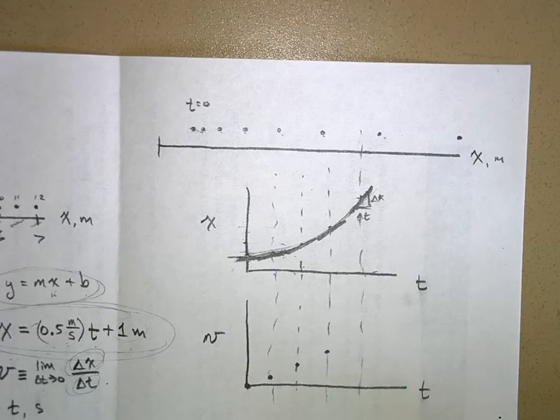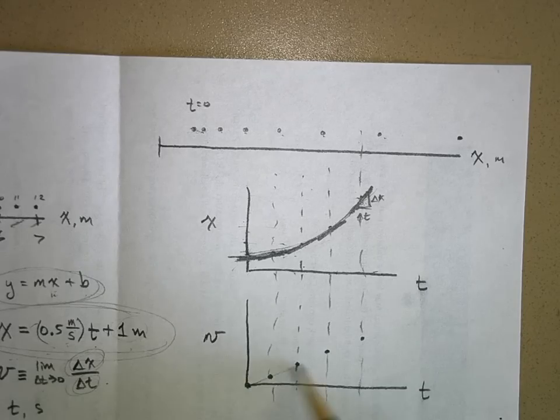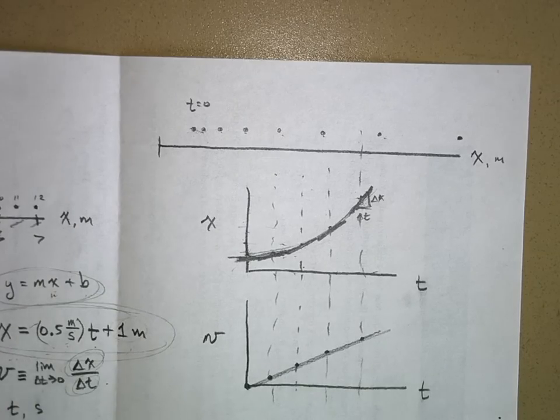Okay, and you'll get something like this. And so now what we see is a graph of velocity. When you look at the velocity versus time graph, it now has a slope. In other words, the velocity is changing at a certain rate. And we need to deal with that.